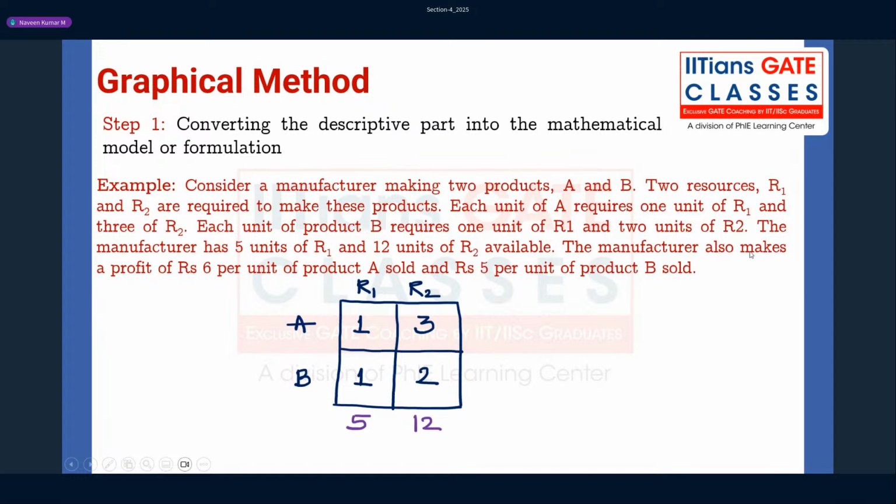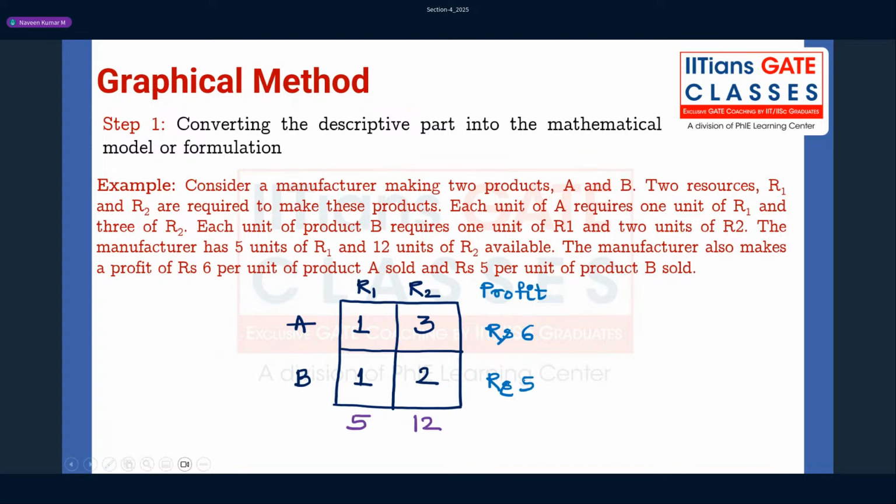The manufacturer also makes a profit of rupees 6 per unit of product A sold. In a sense, if I just produce and sell one product of A, then I'll get a profit of rupees 6. And if I sell one product of B, I'll get rupees 5.